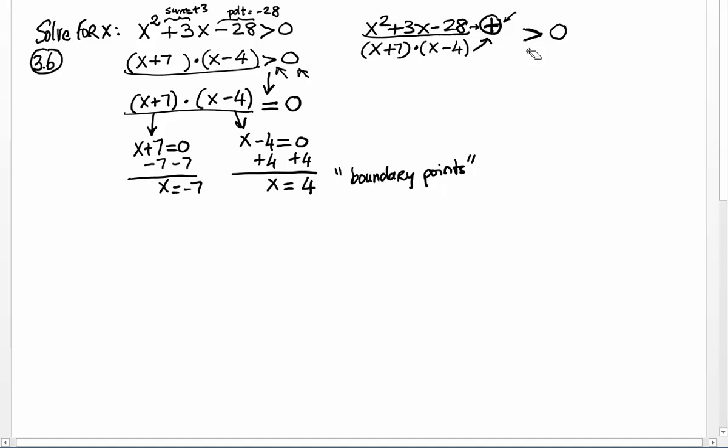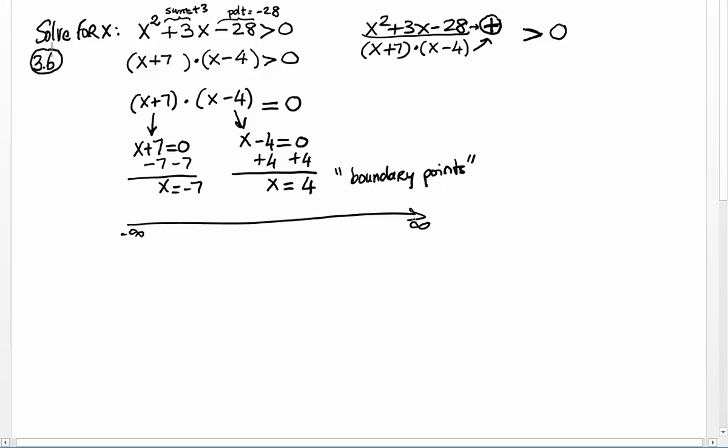So let's go ahead and proceed by noticing that those boundary points are going to split up the number line that runs from negative infinity to infinity into 3 test intervals. So let's see how we're going to proceed. We're going to draw the number line that runs from negative infinity to infinity.